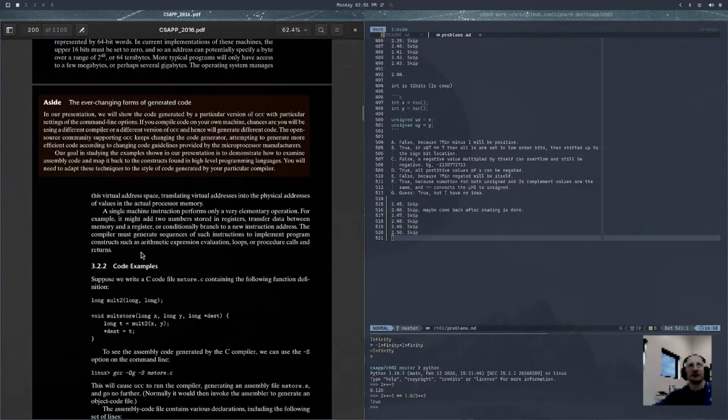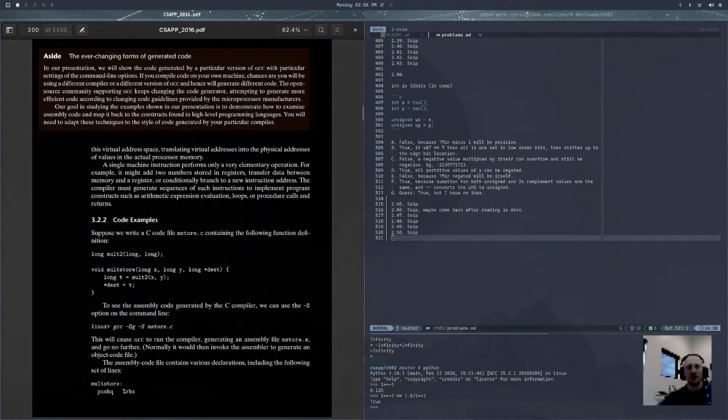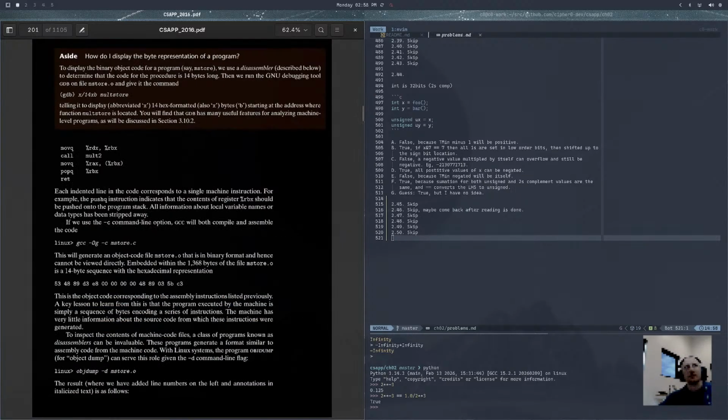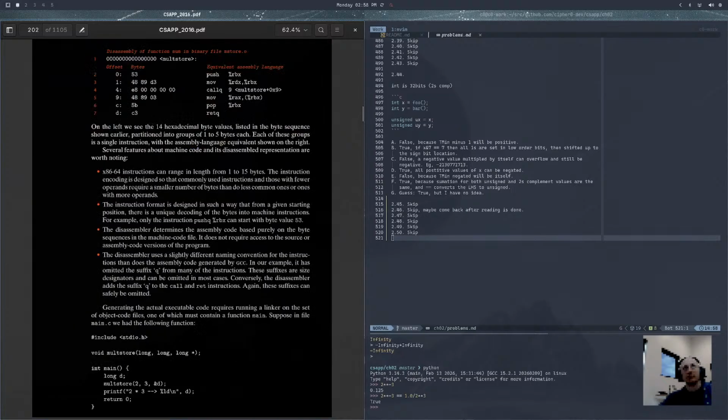It does a lot of C stuff, but you can see that they're going to start doing disassembly. So they start showing the representation of different instructions inside the binary: the offset, the bytes that encode the instructions, and then the equivalent assembly language. So disassembly over here.